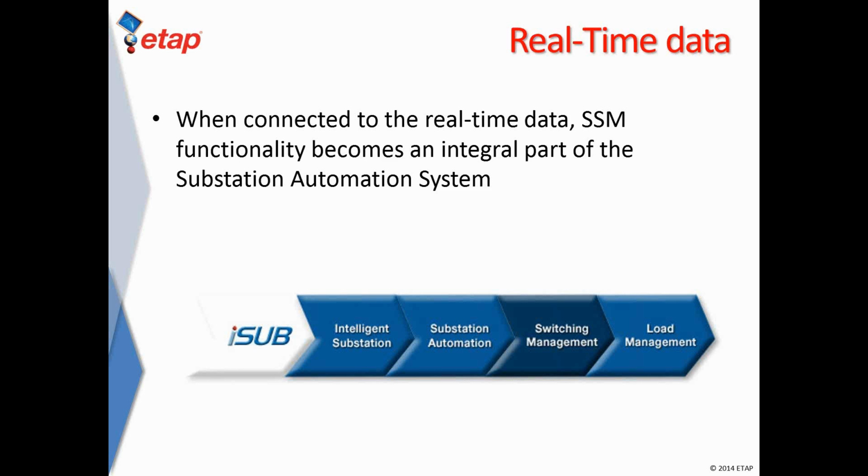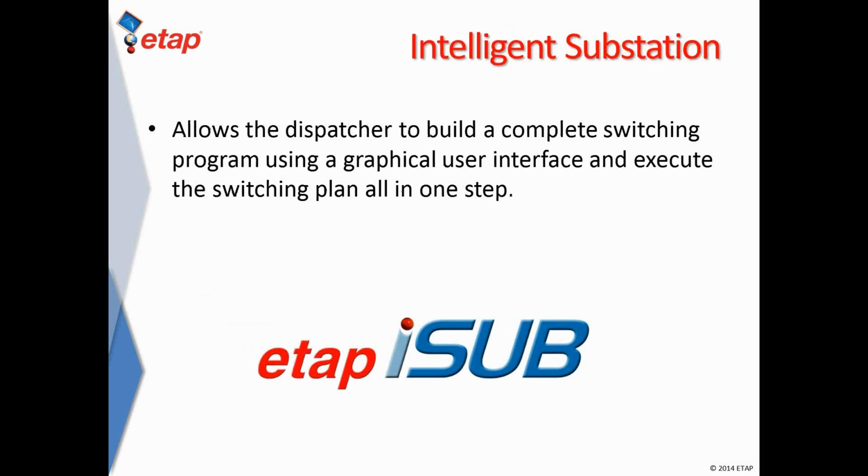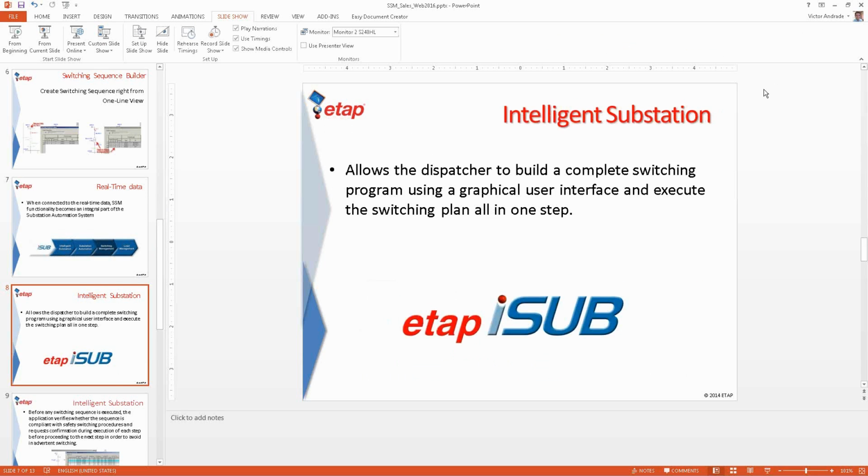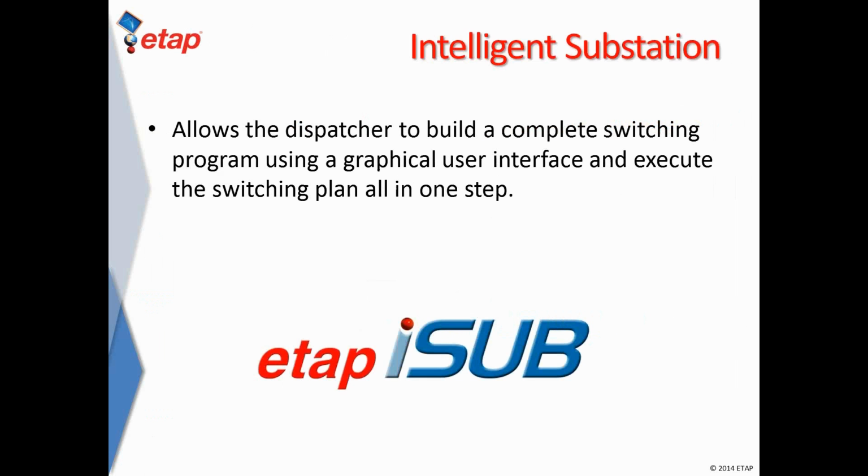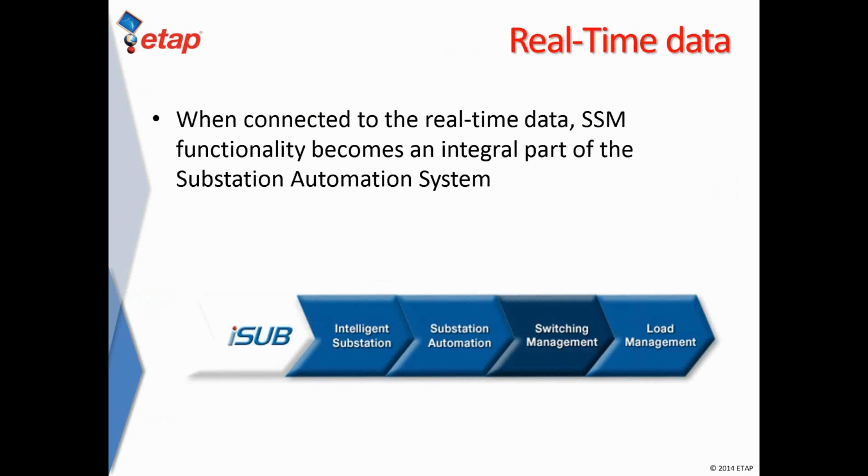Also, ETAP will sense the position of your main tie breakers, your generator breaker, and utility tie and main breakers. In that case, you wouldn't have to have all of your switching sequences predefined ahead of time. You could actually consider cases that perhaps are not even specified in the procedures.